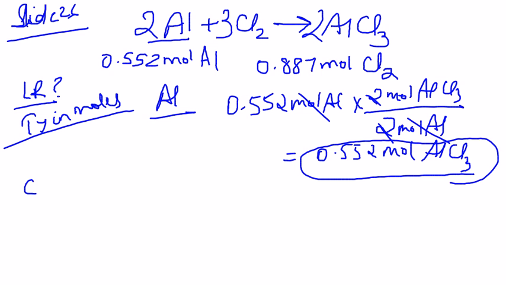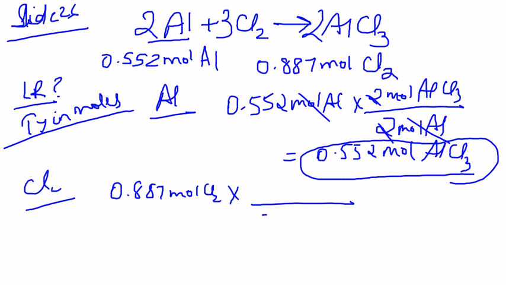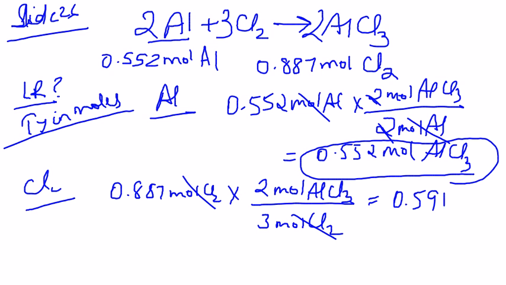And if you consider what's going on with Cl2, you can safely say 0.887 moles of Cl2 times, so 3 moles of chlorine is going to give you 2 moles of AlCl3. So again, realize we are writing the moles of AlCl3 that will be produced in terms of the reactant. So we can cancel that part out, and that comes out to be, in my calculator, 0.591 moles of AlCl3.